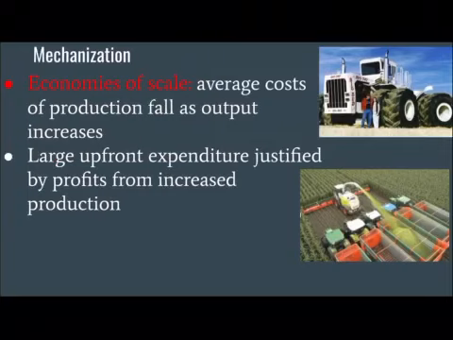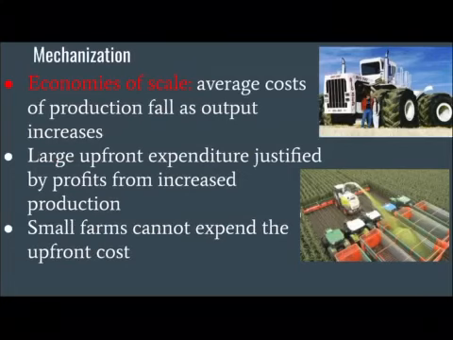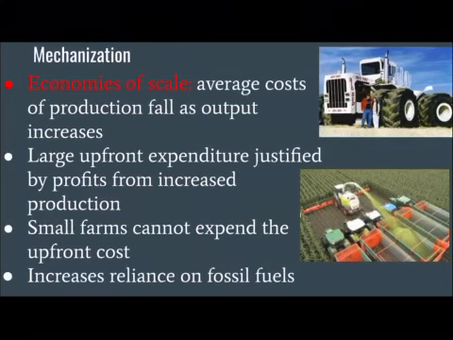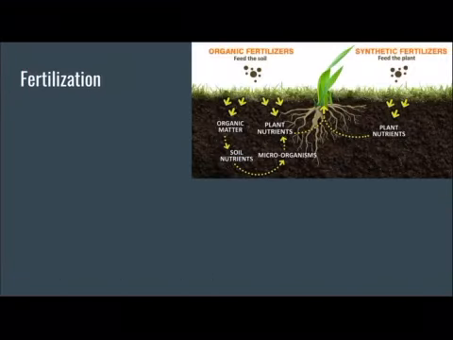So there are large upfront costs, but in the end, it's justified by the amount of profits from the increased production. The problem is that some of our small farms cannot expend the upfront cost, and so we lose a lot of small farms to these larger industrial farms. And again, the more machinery we're using, the more our reliance on fossil fuels.